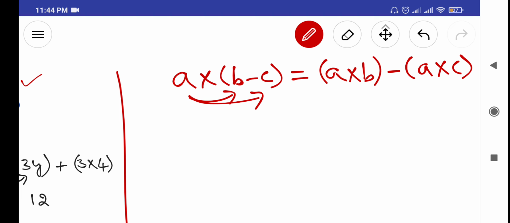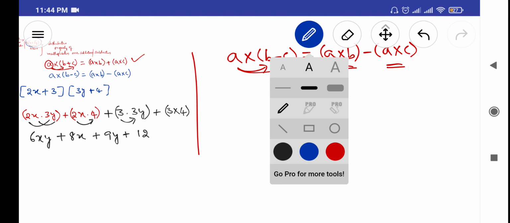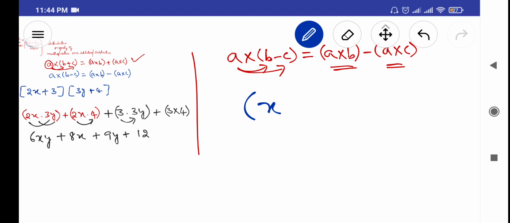Based on this, consider multiplication of a binomial with a binomial which has a negative term. For example, I am taking an example like multiply x minus 3 into 2y plus 4, or else x plus 3 with 2y minus 4.